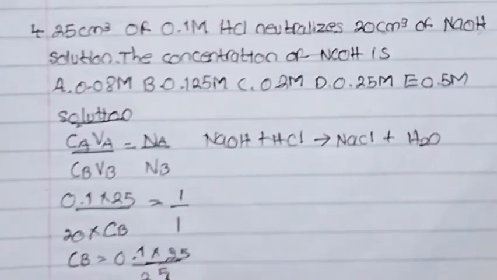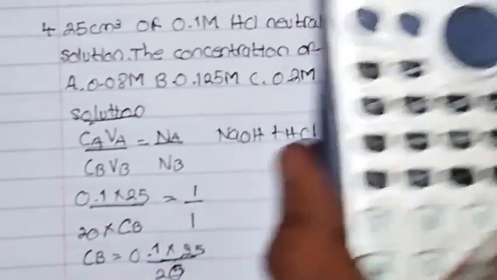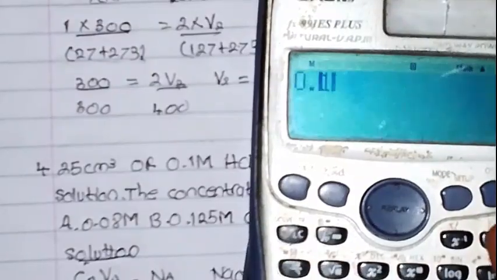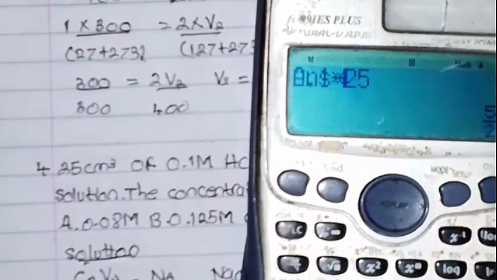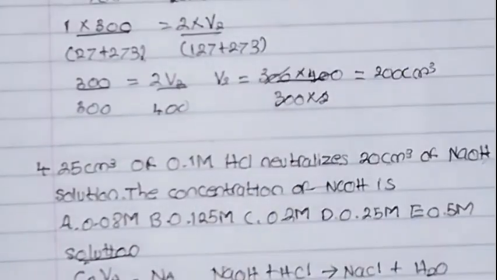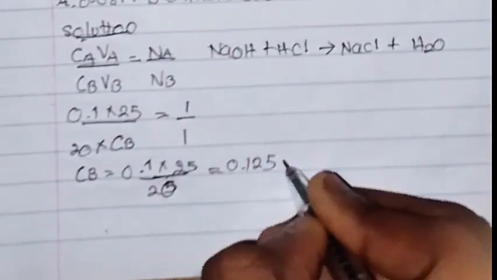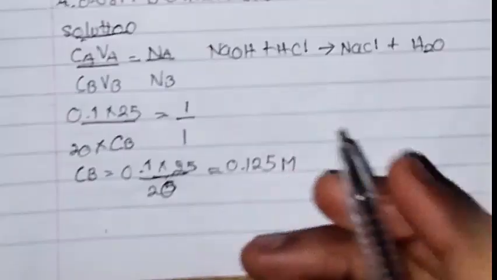So if you input that, we have 0.125 molar, which is 0.125 mole per dm cube as concentration. That's option B.